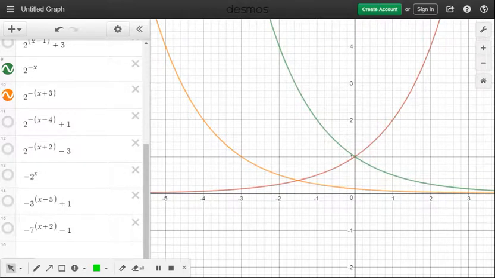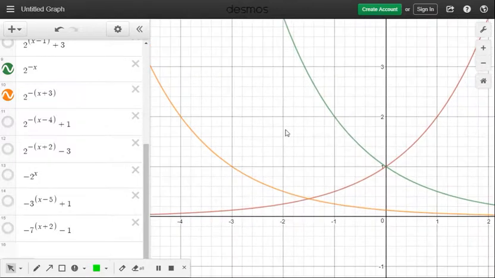But what happened is when it's negative, parenthesis x plus 3, close parenthesis, if we compare the green graph and the orange graph, we see that they both reflected over the y-axis compared to the red graph. But between the green and the orange, we see that the orange moved 3 units to the left.